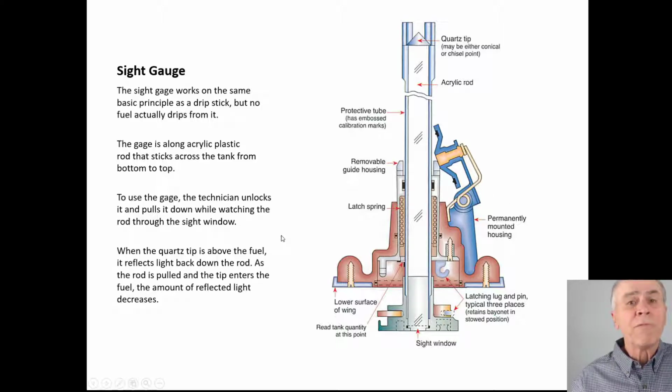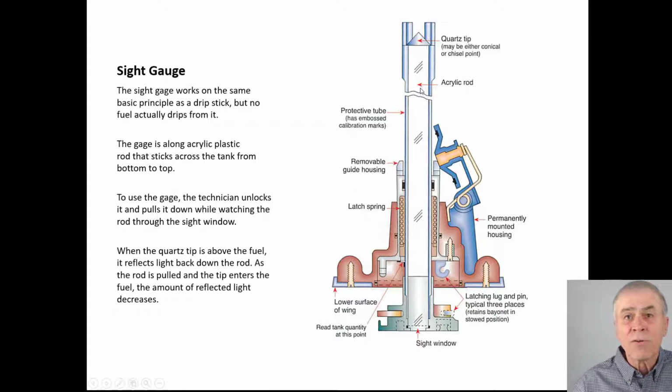I'm not that familiar with the sight gauge. It works on the same basic principle as a drip stick, but it doesn't have the fuel dripping from it. So far I like it, especially if you're going to look into the window with your eye. You don't want fuel dripping, so make sure you got the right one before you start looking up the dripstick. So basically you unlock it, pull it down while watching the rod through the sight window.